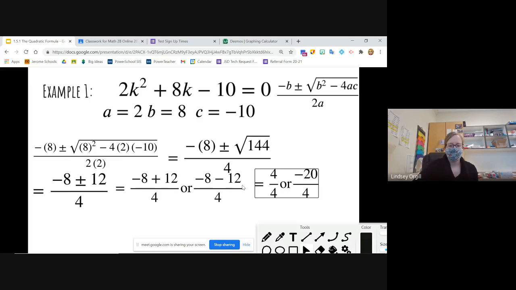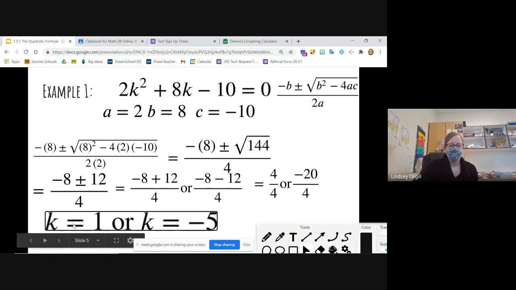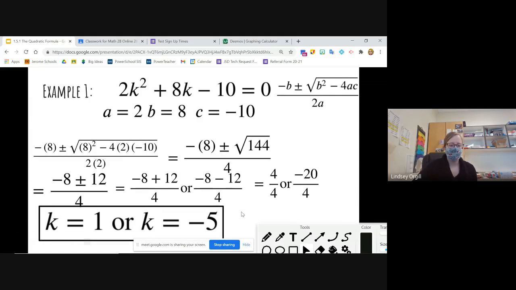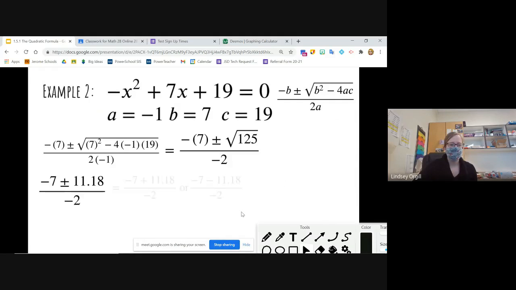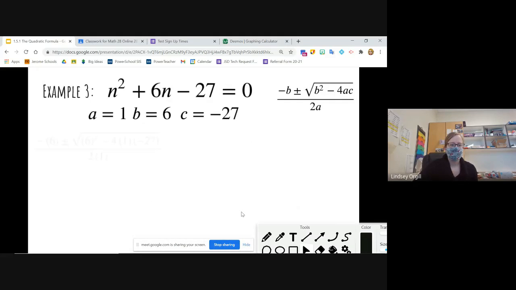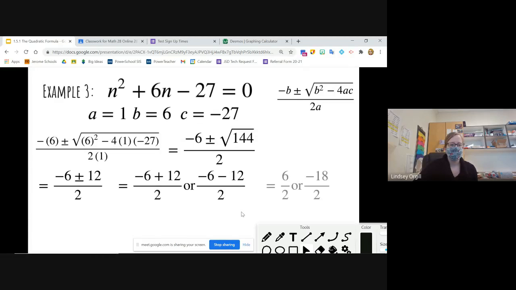Negative 8 minus 12 is negative 20. And then I'm going to divide both of these by 4. So 4 divided by 4 is 1, and negative 20 divided by 4 is negative 5. And that's how I solve the quadratic formula. I'm going to skip to example 4 because it's a little trickier.